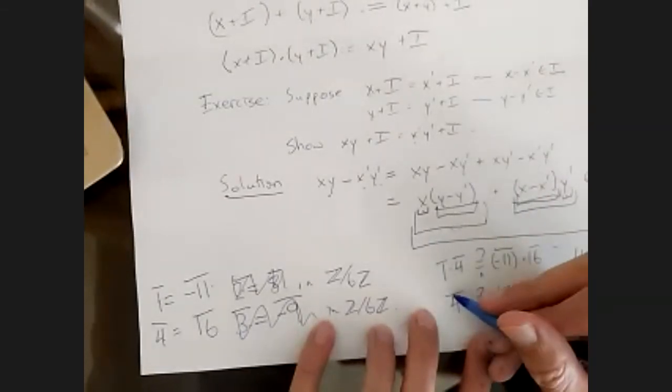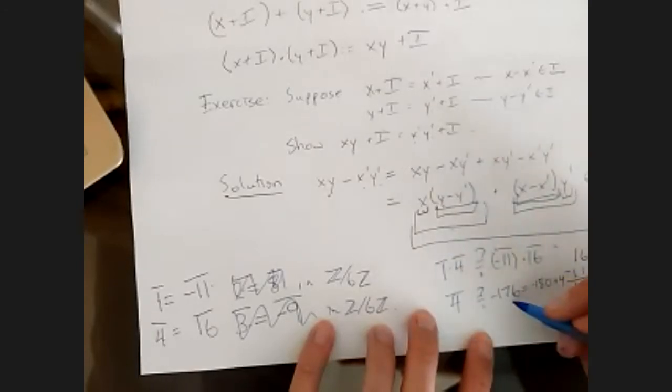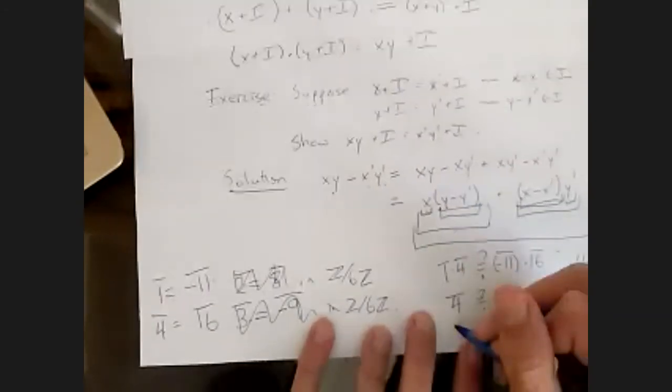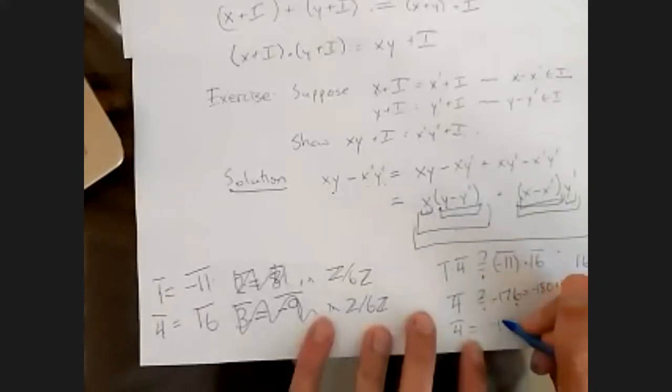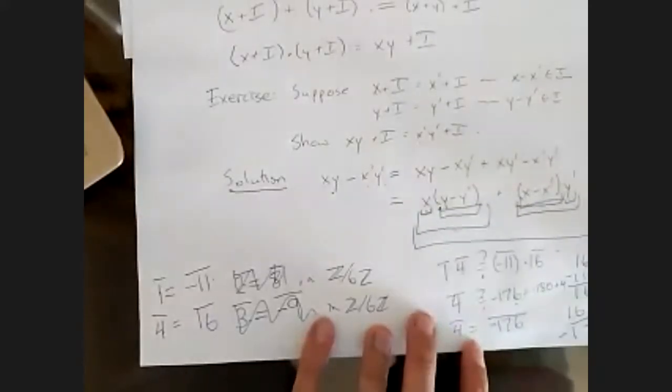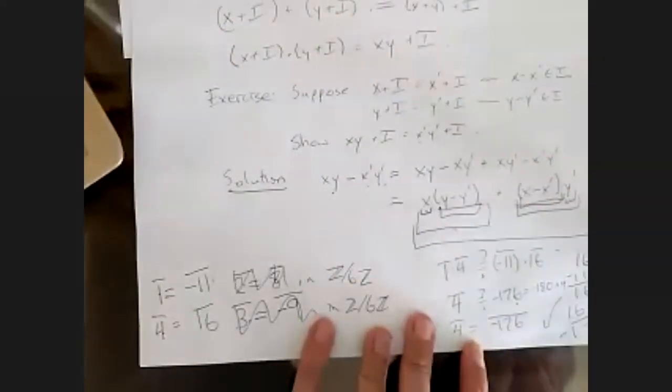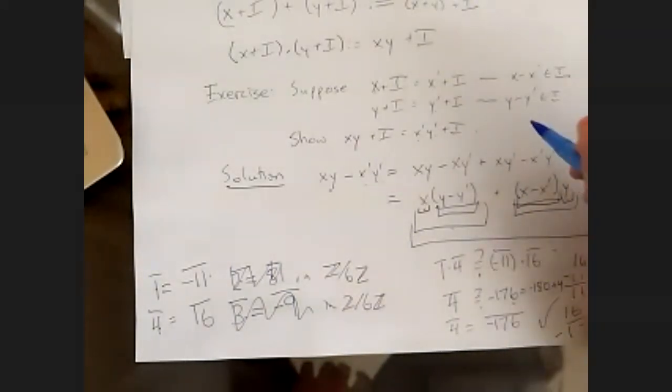So the coset of 4 and negative 176 are equal, as we wanted. So 4 bar equals negative 176 bar, which reassures us. This definition for the ideal ensures that we can turn the set of cosets into a ring.